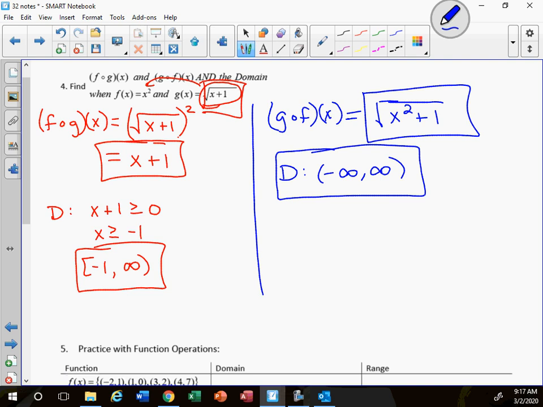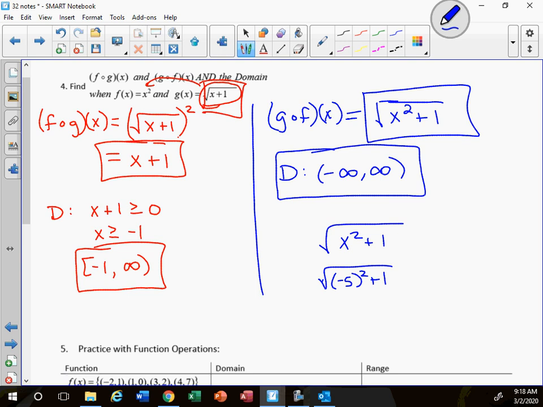Questions on any of the first 4 examples? Because number 5 is clearly different. Yes. So let's think, what if I plug like -5 in? What is that?